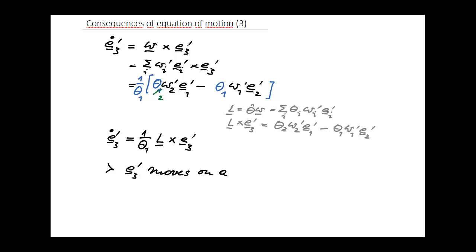So with the same logic as for the angular velocity, we conclude that e3 prime must be on a cone around the angular momentum.